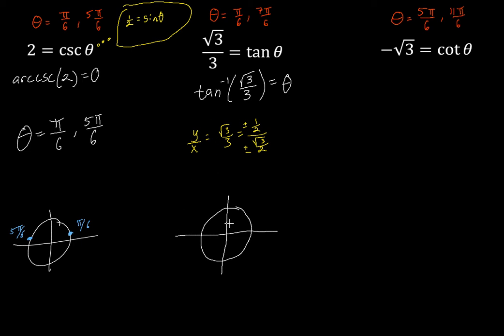So that's going to happen where our y value is 1/2 and our x value is √3 over 2, or when our y value is negative 1/2 and negative √3 over 2. That is at pi over 6 and 7 pi over 6, which means since there's no restrictions, both of those are the answer.